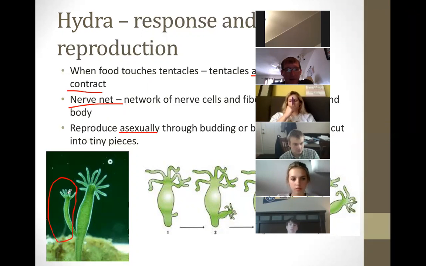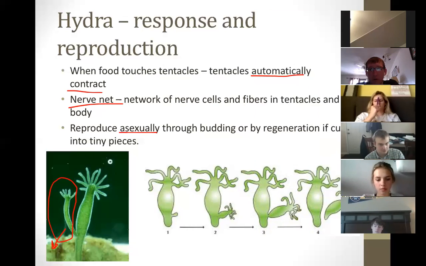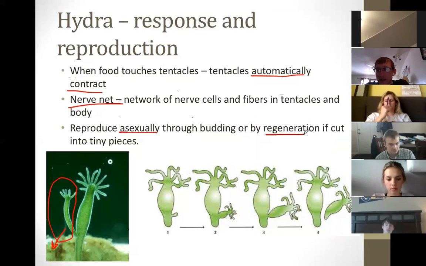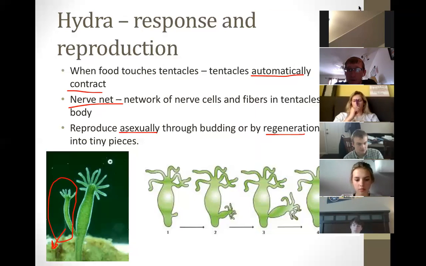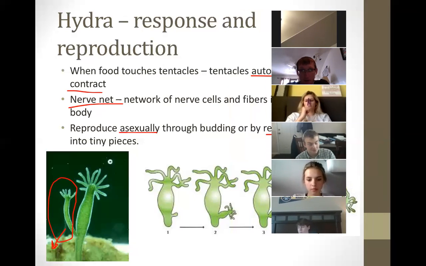And then that little bud will bust off and plant itself next to the adult hydra, grow up into an adult hydra, and start trying to catch food just like that other hydra, which is kind of cool. If you cut them into pieces, they can regenerate, which I don't know why you would do that to a hydra, but it's pretty cool.